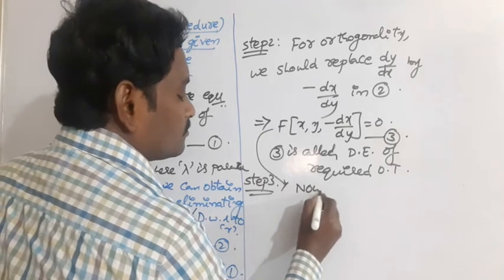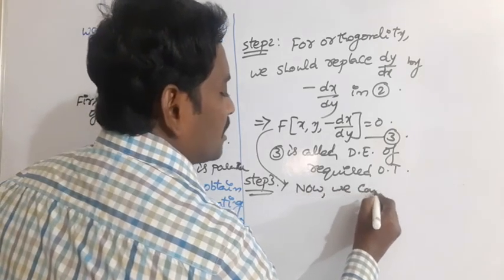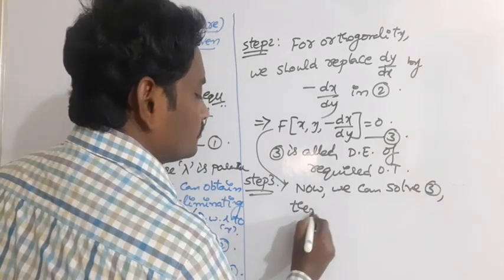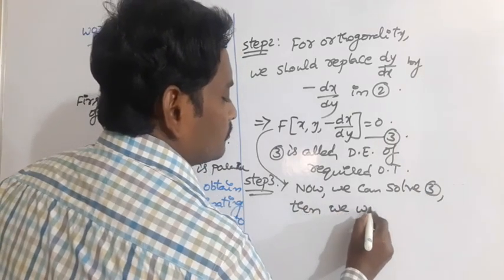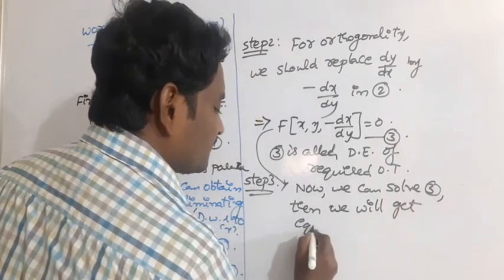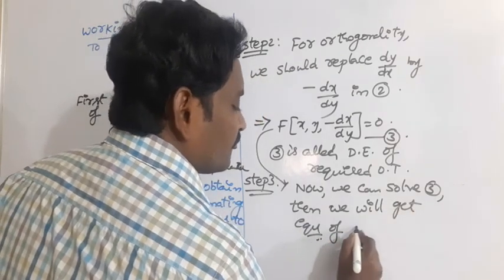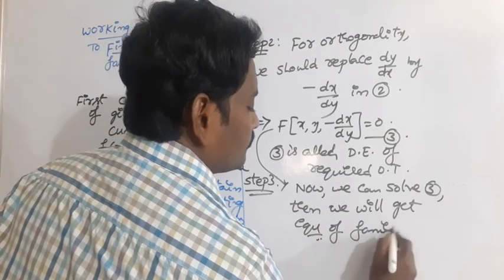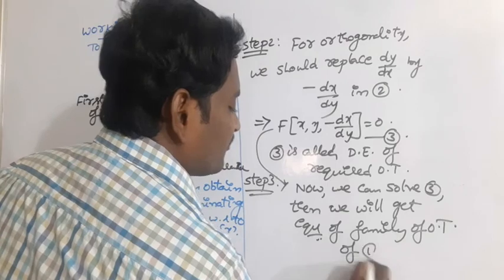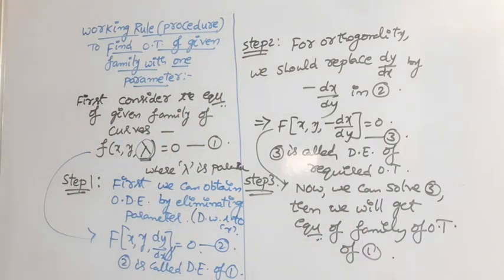Finally we can solve equation 3, then you will get the equation of the family of OT of the given family 1. This is the procedure.